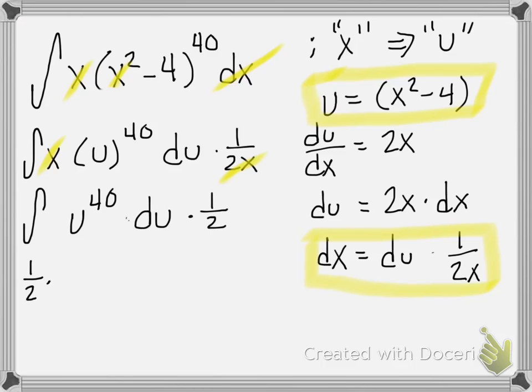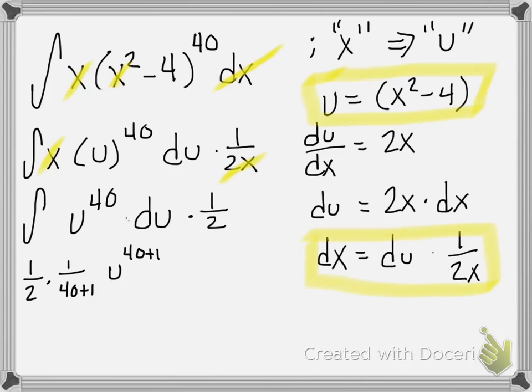It's going to be times, you do the 1 over 1 plus n, and 40 was our n, and so it's going to be u to the n plus 1.